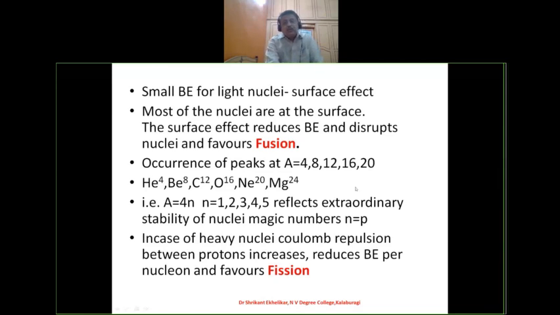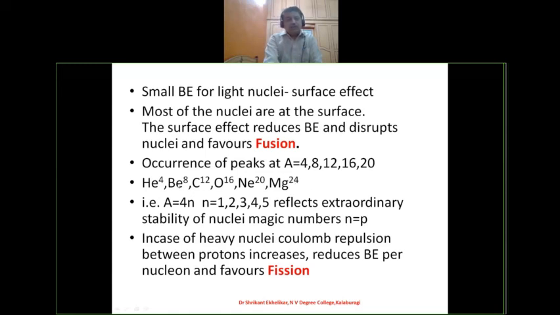So this shows extraordinary stability of the nucleus. These numbers are called magic numbers, which we will be studying in the shell model. You can check helium 4: 2 protons, 2 neutrons. Beryllium 8, 4 protons and 4 neutrons. 6 protons, 6 neutrons. 8 protons, 8 neutrons. 10 protons, 10 neutrons. 12 protons, 12 neutrons.